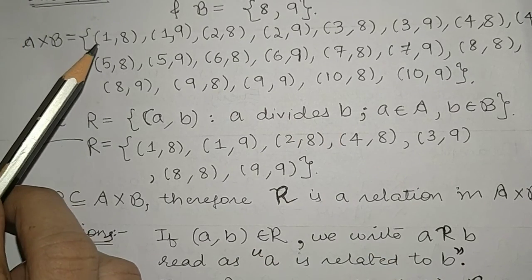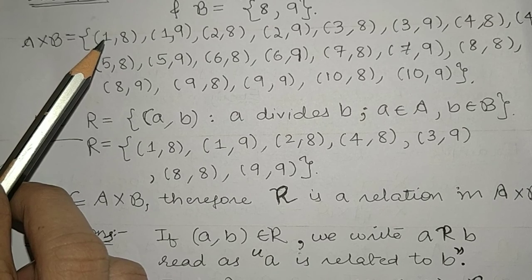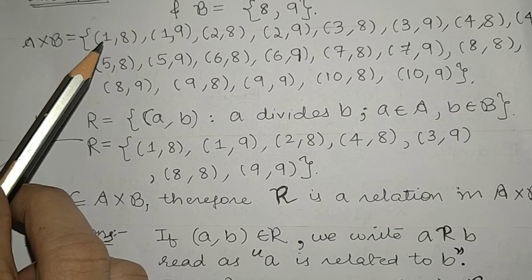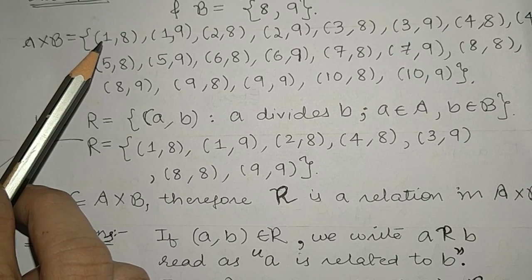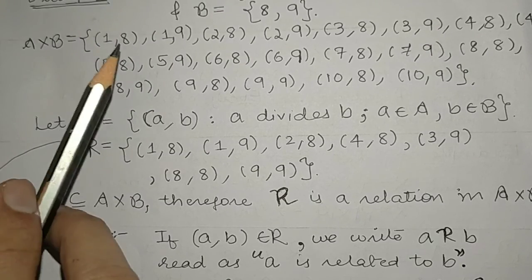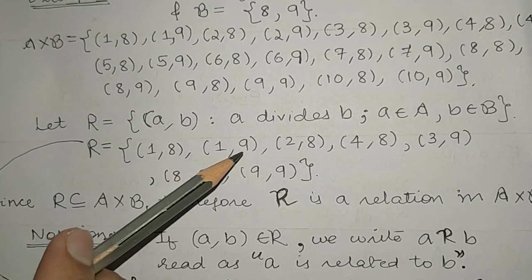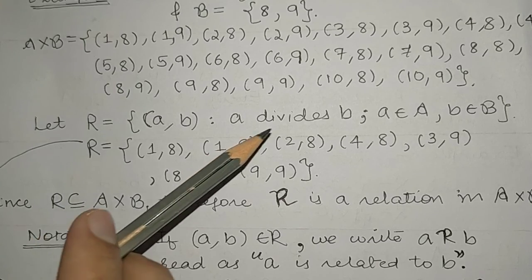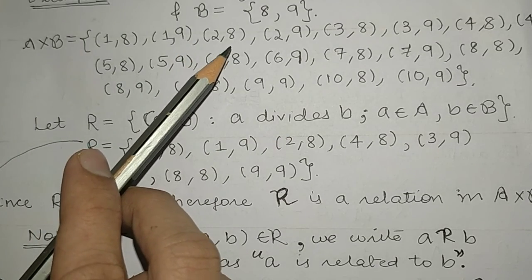You know that 1 divides every integer, right? So (1, 8) will be there in this set, and (1, 9) will also be there. Then the next element (2, 8).